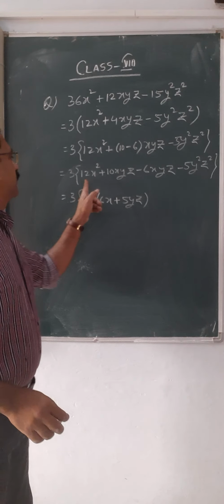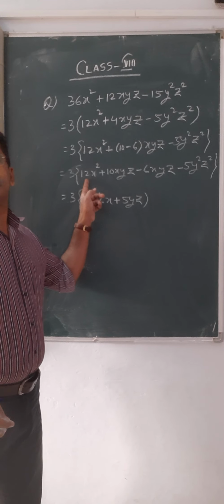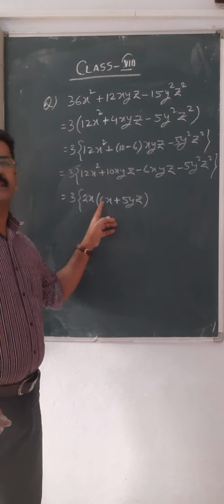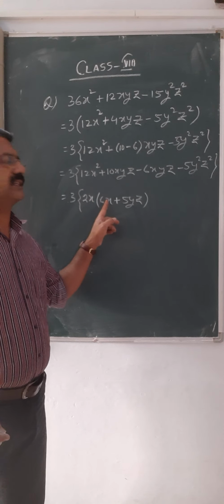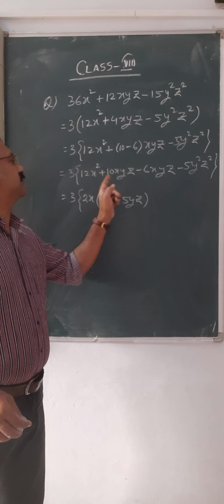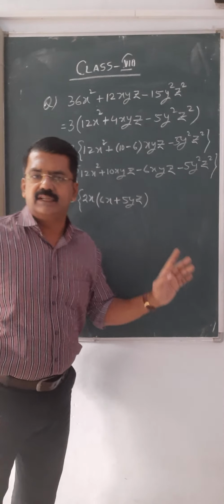You see, from 12x square, if you have taken 2x common, 12 is 6 into 2. 2 I have taken common, so 6 is left. X square means x into x, so I have taken 1x common, so 1x is left. Plus 10 is 5 into 2, I have taken 2 common, so 5 is there, x I have taken common, so y is there. Clear?